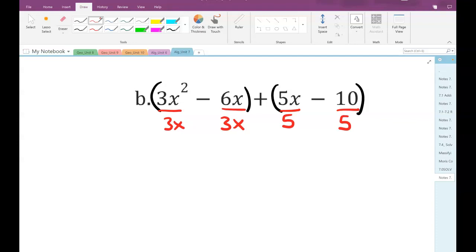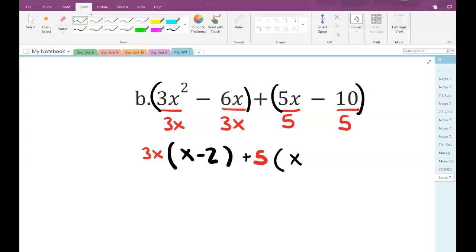So we go through and we have 3x. We have our parentheses. This would be an x minus 2. Then our second parentheses, we'd have a plus 5 out in front. 5 is our GCF. And when we divide, again, we get something that matches. We take 5x divided by 5, that's x.